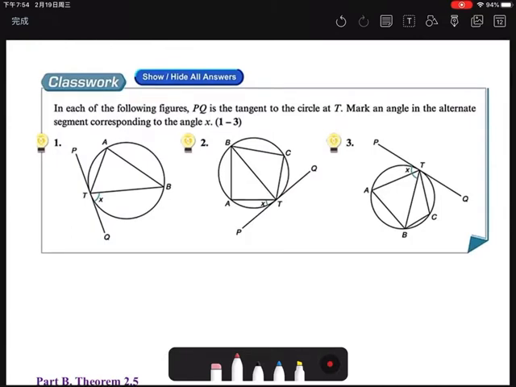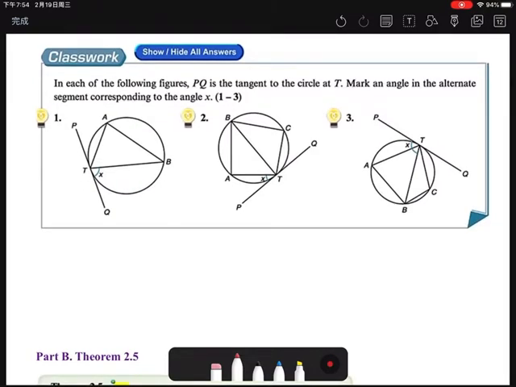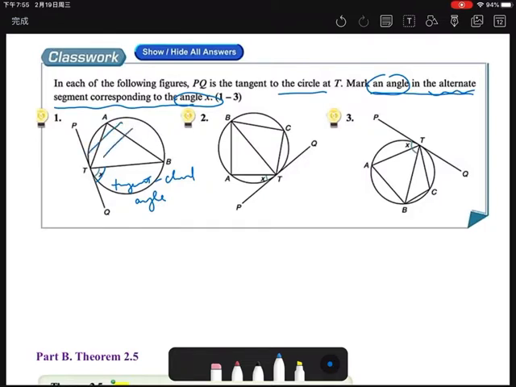All right, so now let's do some practice. In each of the following figures, PQ is the tangent to the circle at point T. Mark an angle in the alternate segment corresponding to angle X. Here angle X is the tangent chord angle, and this tangent chord angle corresponds to an alternate segment, it is this one.